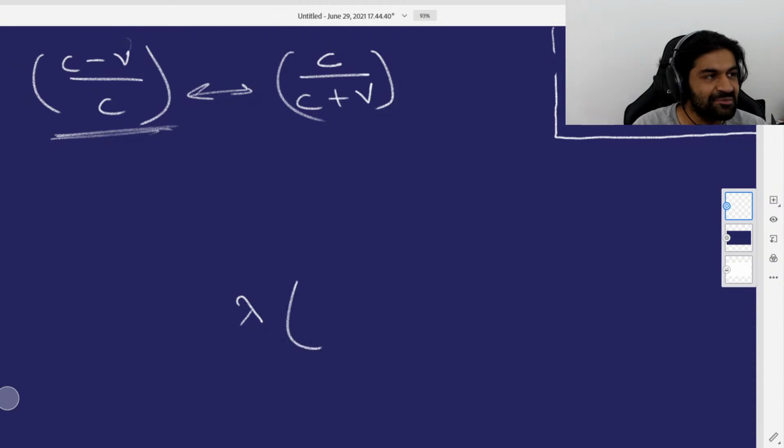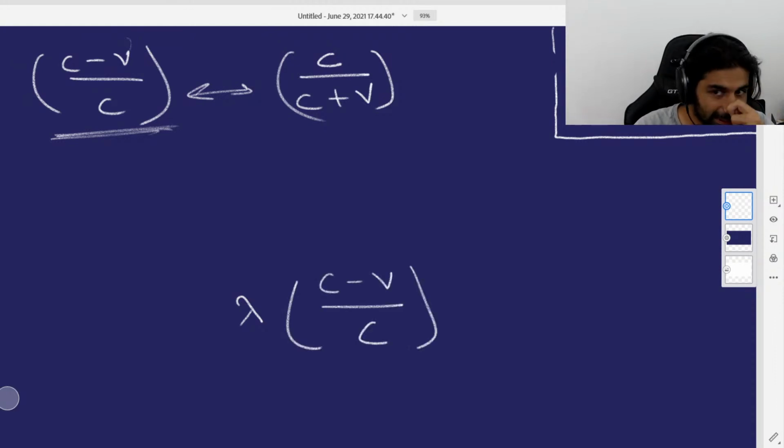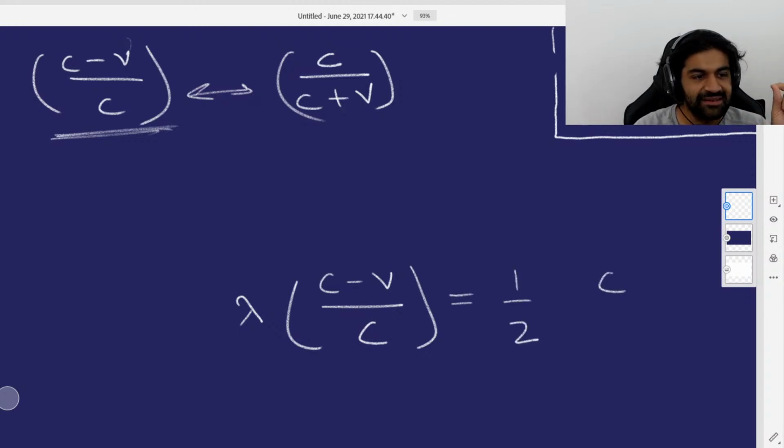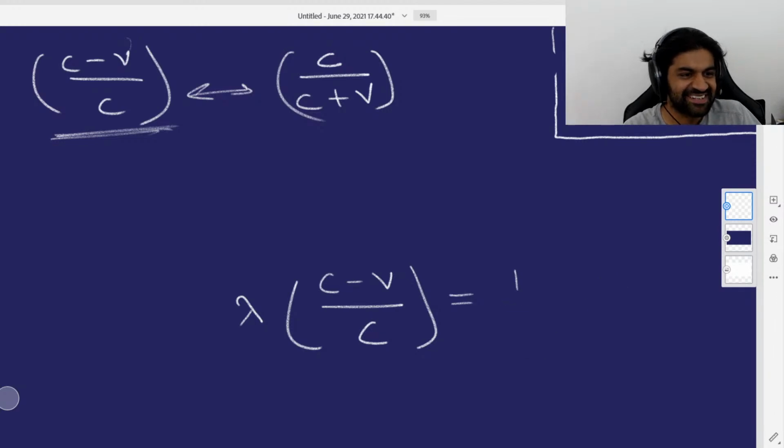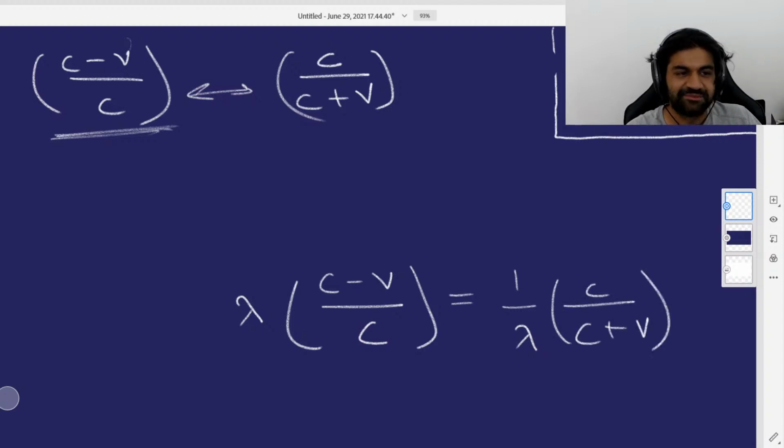You get lambda times (c minus v) over c should equal 1 over lambda times c over (c plus v).